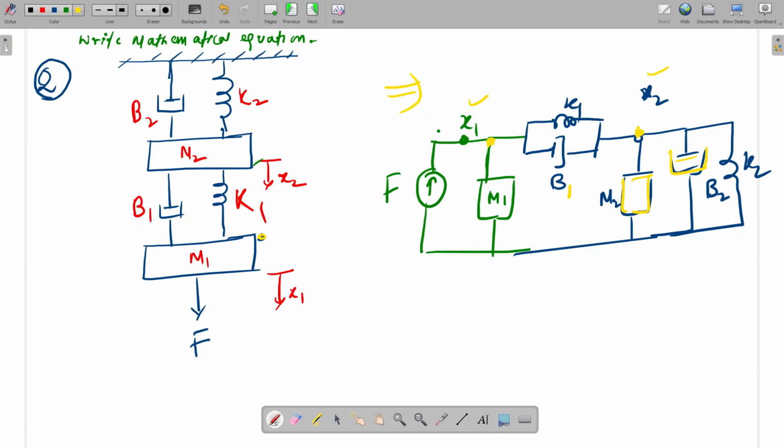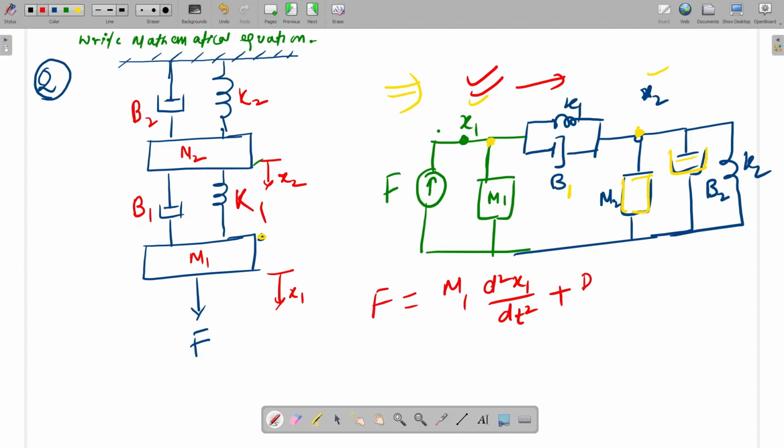So now we can write the KCL equation. What will be the equation? We can write KCL at node X1. So F will be equal to M1 d square x1 by dt square plus the current in this branch. This current will be the summation of those two currents, and x1 minus x2 is there.